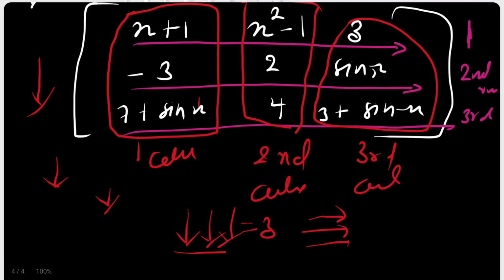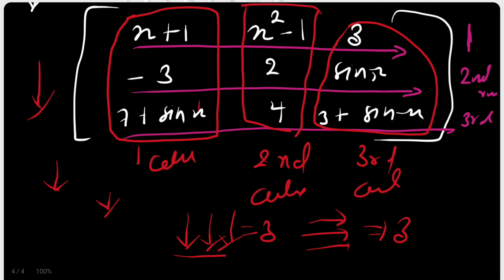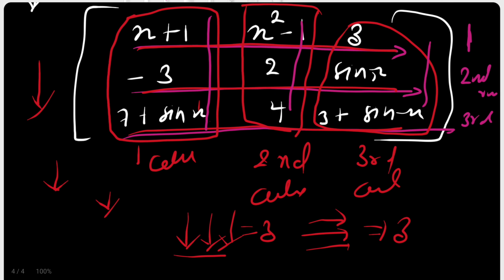It means whatever is going this side are the rows, and whatever is coming downside, all these are the columns.